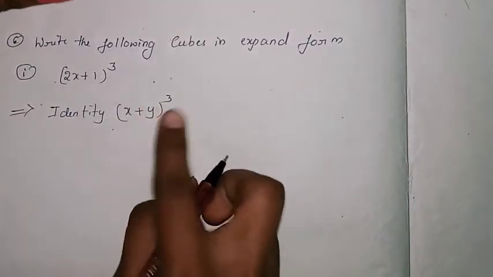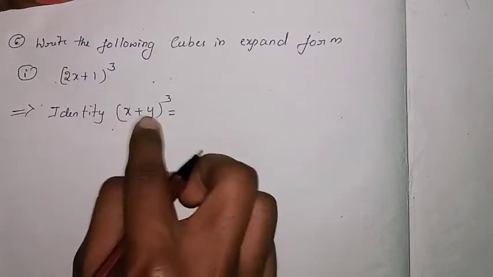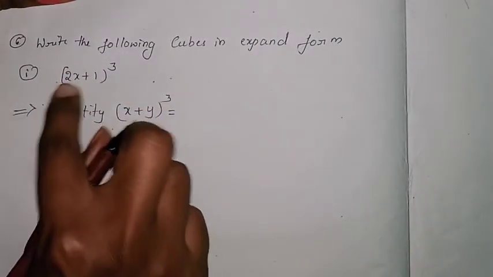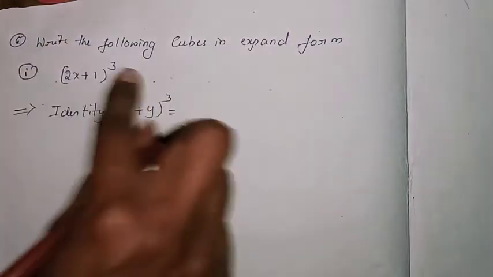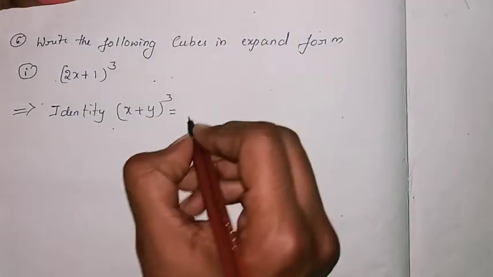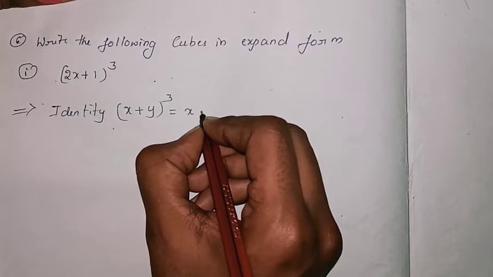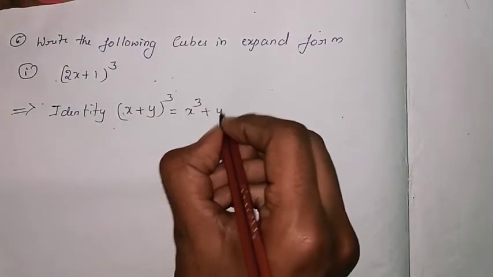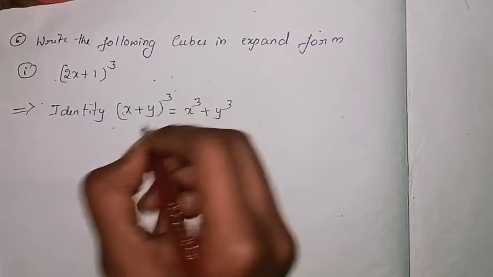So how to write the expanded form of this cube identity? Observe that this is the first term, this is the second term, the whole bracket complete and whole to the power cube. First write x cube and y cube, first term cube, second term cube.